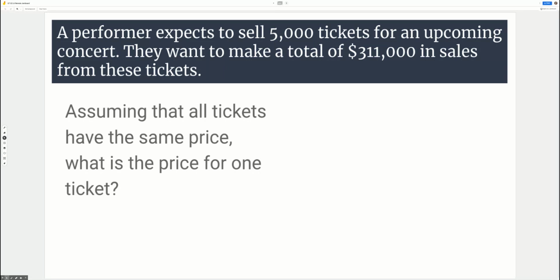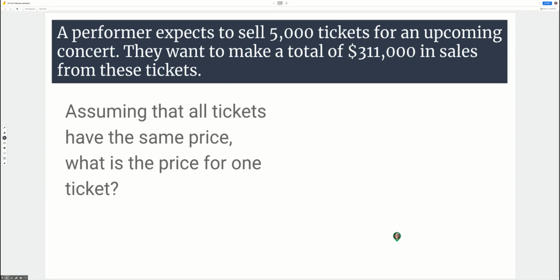So assuming that all of the tickets have the same price, what is going to be the cost for one ticket? Now, in order to do that, we really need to think about the cost per ticket. Sometimes people want to think about tickets per cost, but the true proportionality unit rate here is cost per ticket.